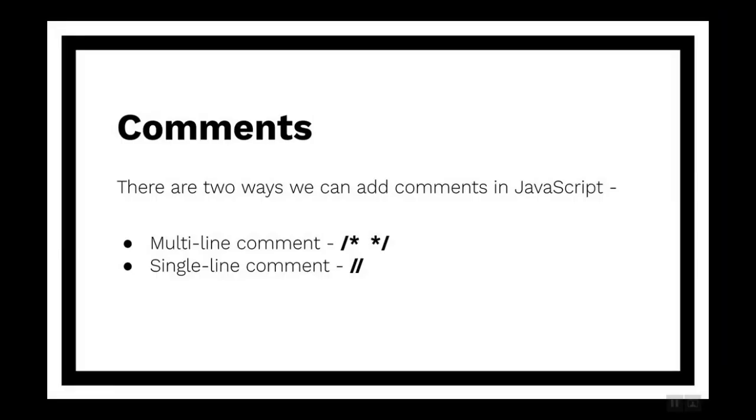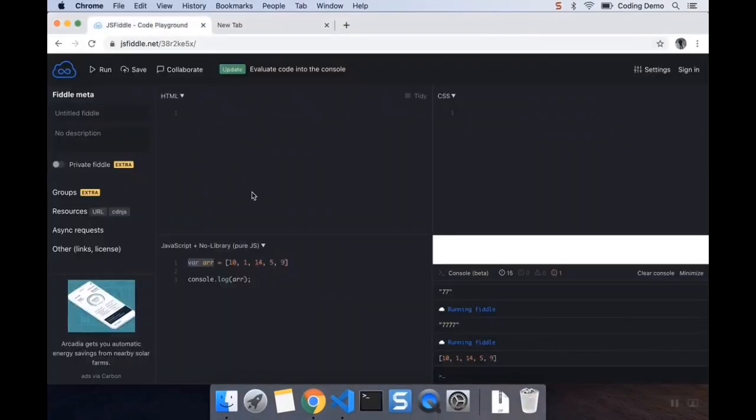All right, so comments. The way we handle comments in JavaScript is by using single line and multi-line. Let's look at an example of each one of these. If I say single line comment, so this is an array, and the multi-line comment can be this is a multi-line comment.